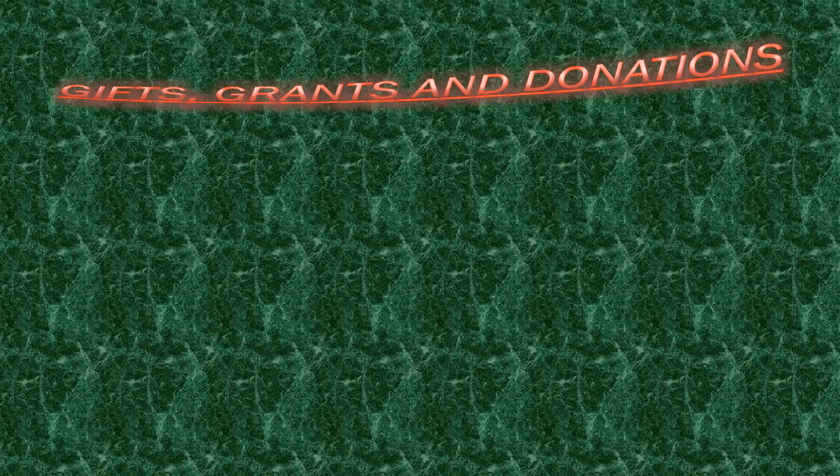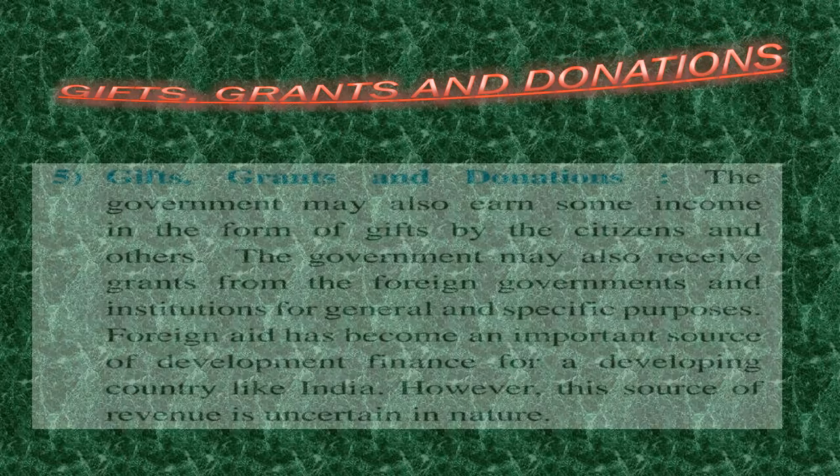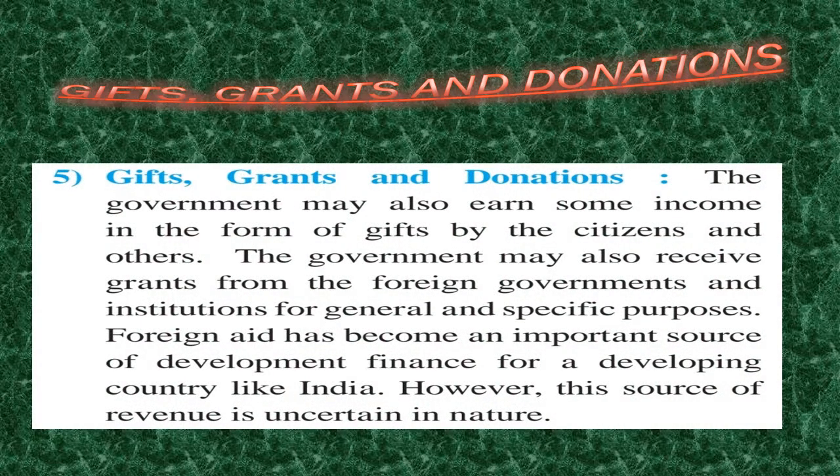Fifth point, gifts, grants and donations. The government may also earn some income in the form of gifts by the citizens and others.